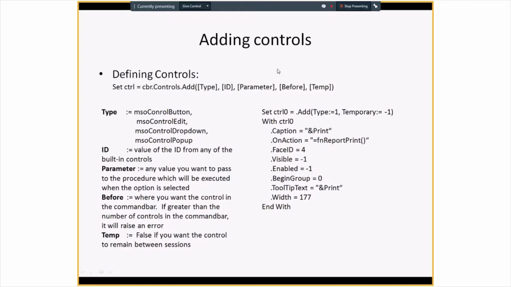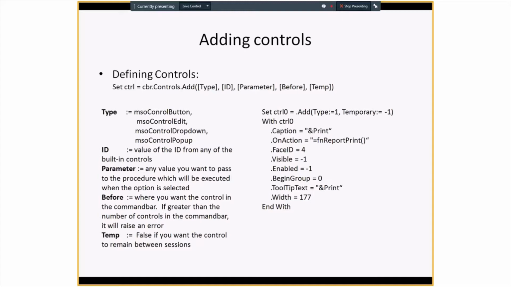Okay, so the next step, once you've defined the command bar itself, is to start defining the controls that go within the command bar. Now, each one of the items listed in the shortcut menu is defined as a control, just like if it was a control on your form. They have a number of different types. They have buttons.